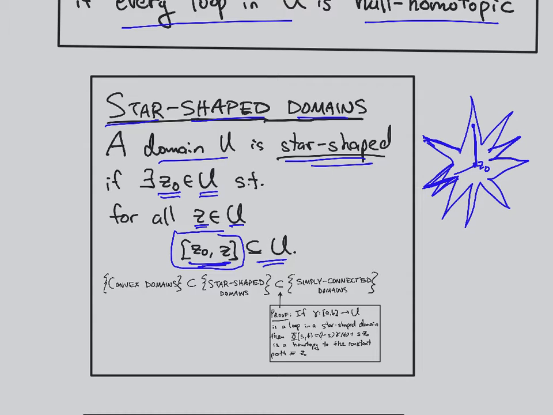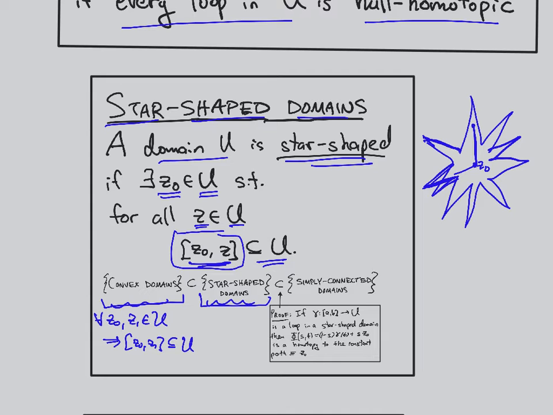But convex domains are certainly star-shaped. Convex meaning if I have z0 and z1, just any two points in the domain, the line segment between them is contained in the domain.